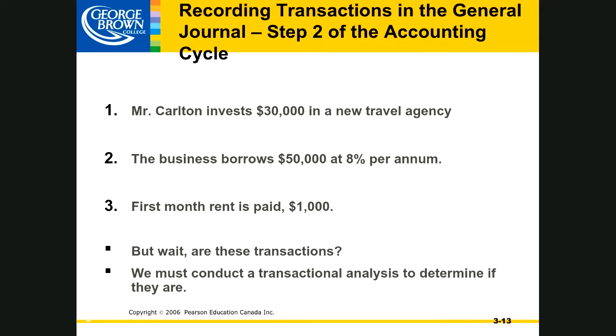If we borrowed $50,000 from the bank, we would have a credit application signed and a credit loan agreement signed, so there would be a source document. And for the rent that we've paid, we would get a receipt. So we would have a source document for all three detailing that these were business transactions. Value was given and value was received. Next, we're going to show you exactly how to journalize them.